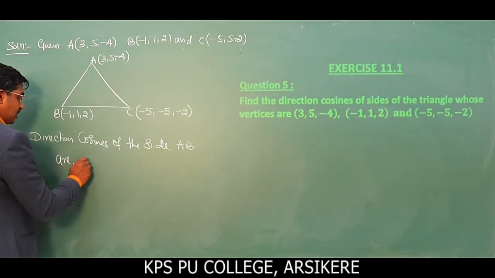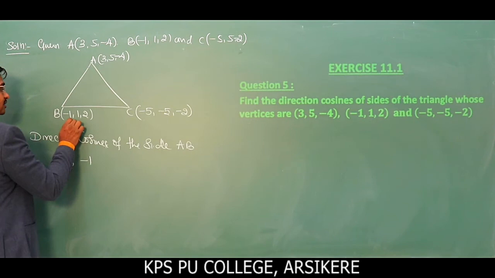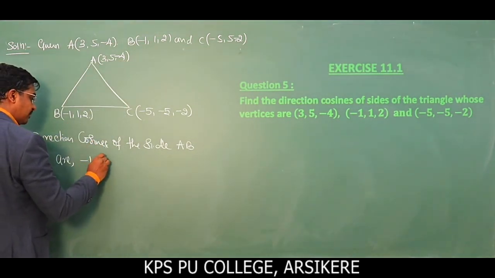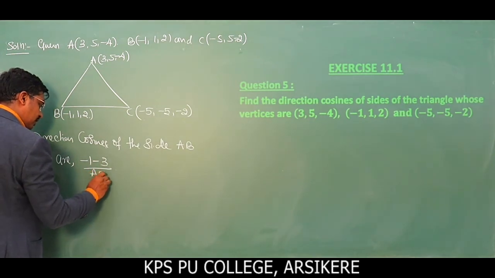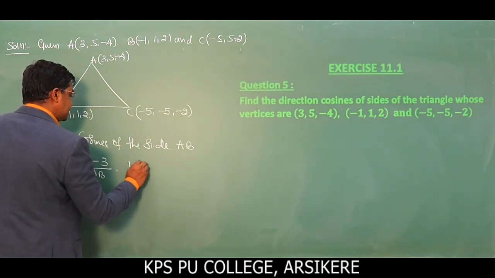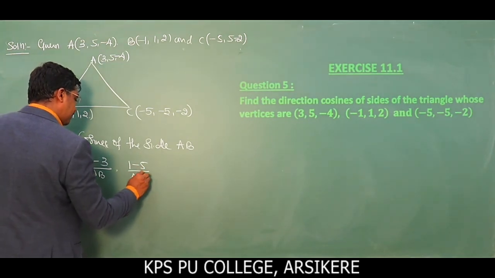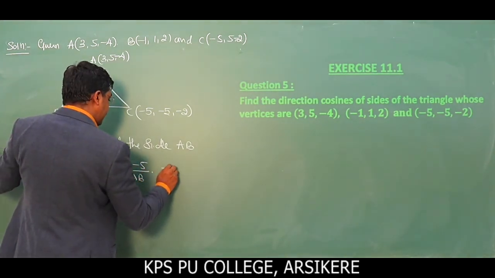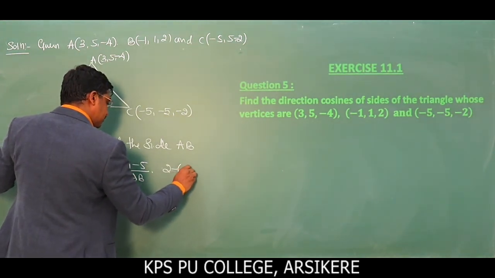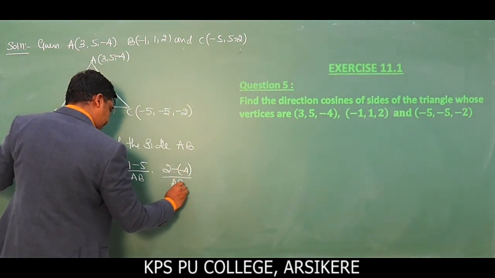This becomes minus 1 minus 3 divided by AB, and 1 minus 5 divided by AB, and this one minus 4, sorry, 2 minus of minus 4 divided by AB.